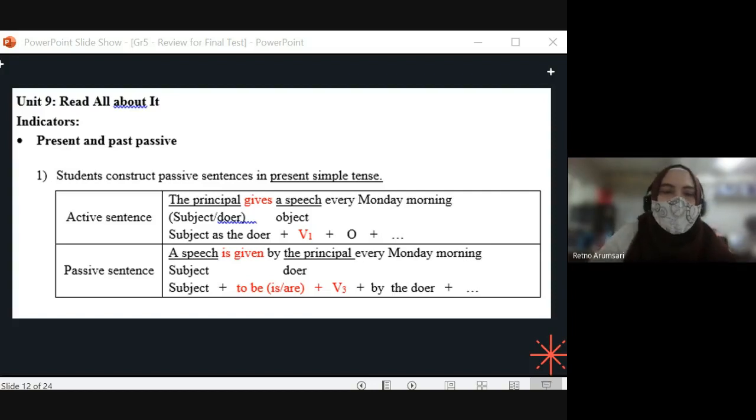Do you know that the sentence is in present simple from the verb that is used in the sentence? Give, is it a verb 1 or a verb 2 or a verb 3?